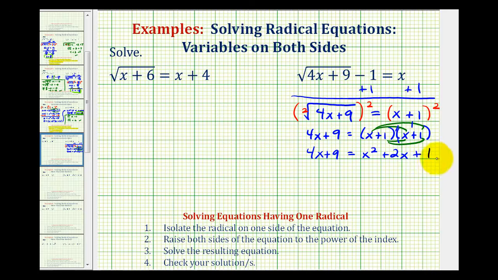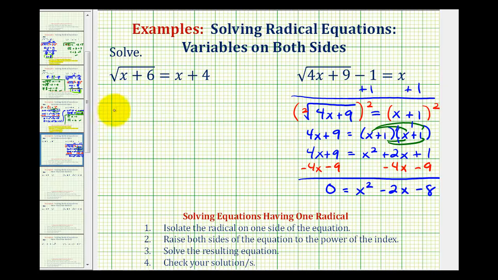So again we have a quadratic equation. So we'll set this equal to 0 and solve for x. So we'll have to subtract 4x on both sides, and also subtract 9 on both sides. So we'll have 0 equals x squared. This will be minus 2x, and this will be minus 8.